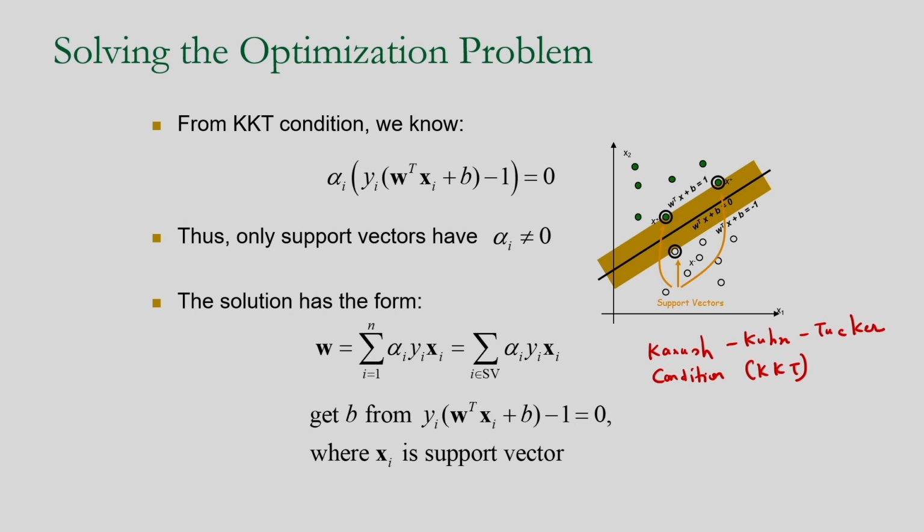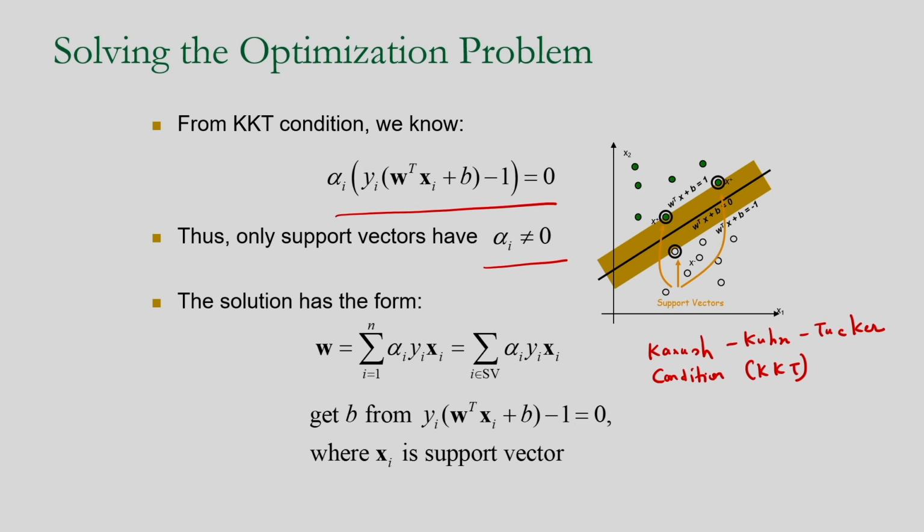So by considering this KKT, I am considering this one, that is alpha i into y_i, and after this I am considering (W^T x_i + b - 1) is equal to 0. And this holds only for the support vectors, that is alpha i is not equal to 0; only support vectors have this condition.